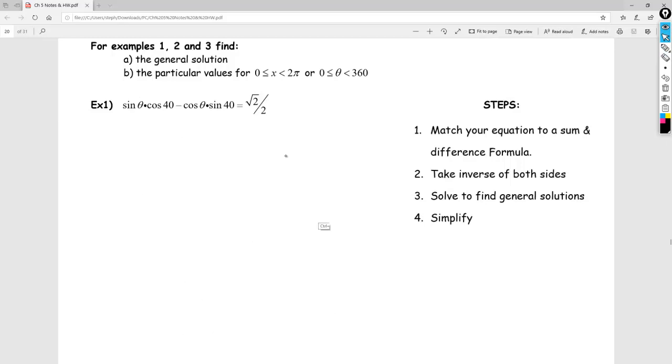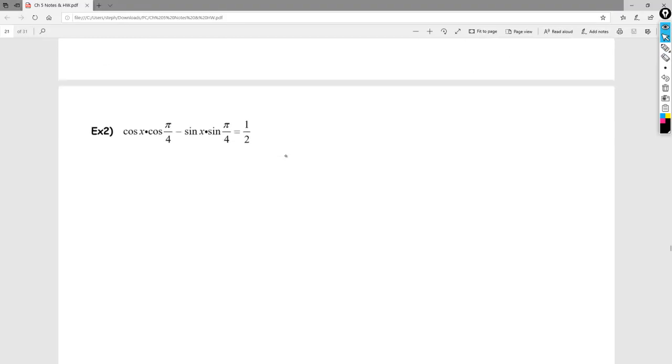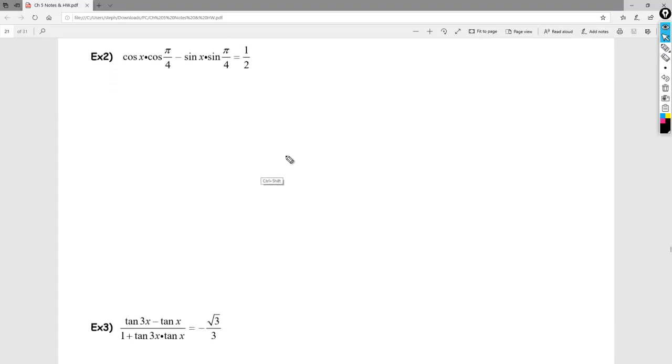Okay. Moving on, I have cosine times cosine and sine times sine, and they're subtracting, so I know that this is going to be a cosine sum formula. So I have cosine of x plus pi over 4 is equal to 1/2.